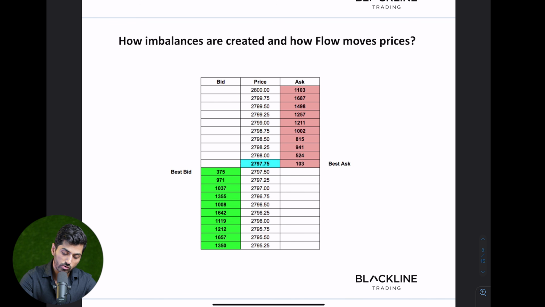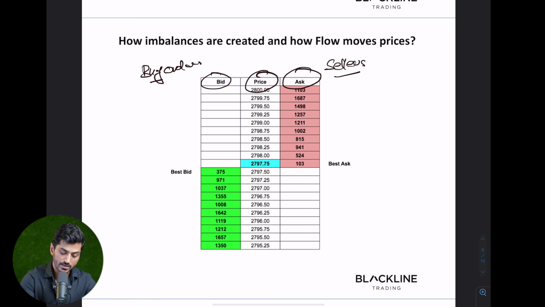Right here in the middle, you have the price. On the right side, this is the ask, or basically these are all the sell orders. And on the left side, these are all the buy orders, right?